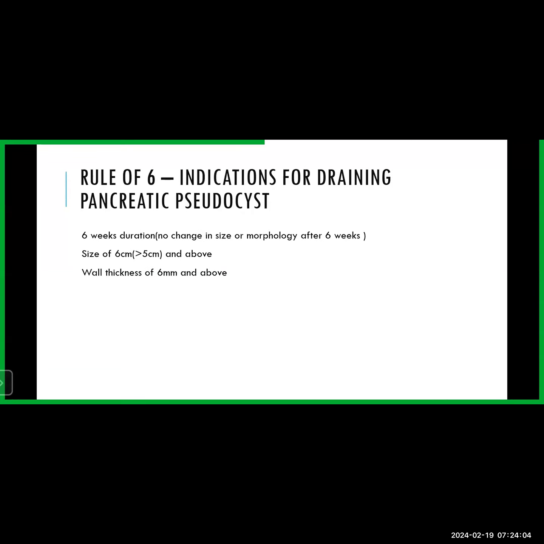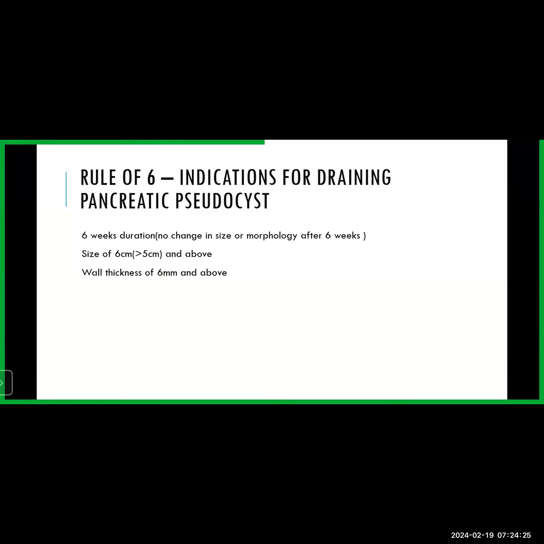If the pseudocyst has lasted greater than 6 weeks, with no change in size or morphology after 6 weeks, size greater than 6 centimeters, wall thickness of 6 millimeters and above, this cyst is not likely to regress spontaneously, so it should be drained. So that's the end of my presentation.